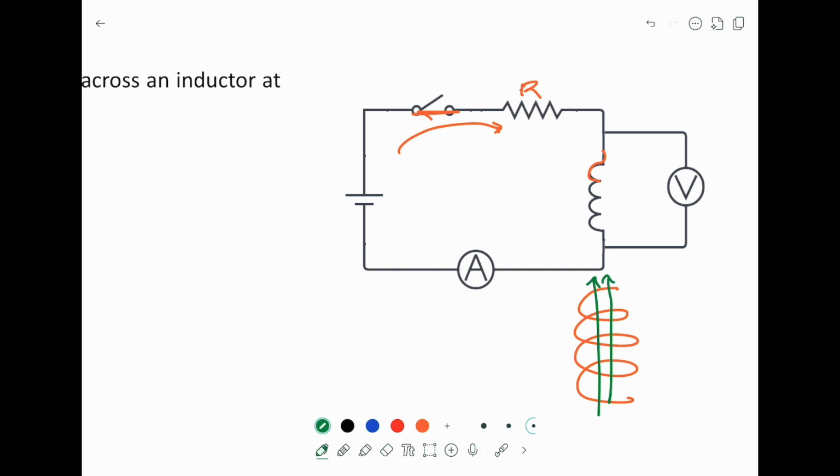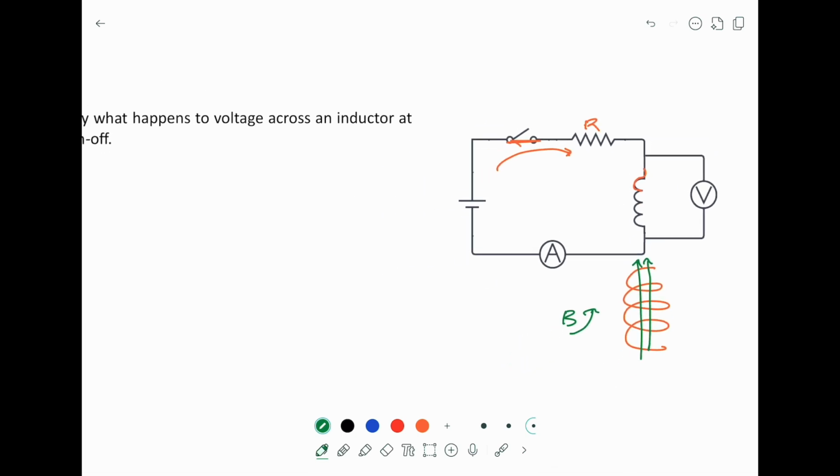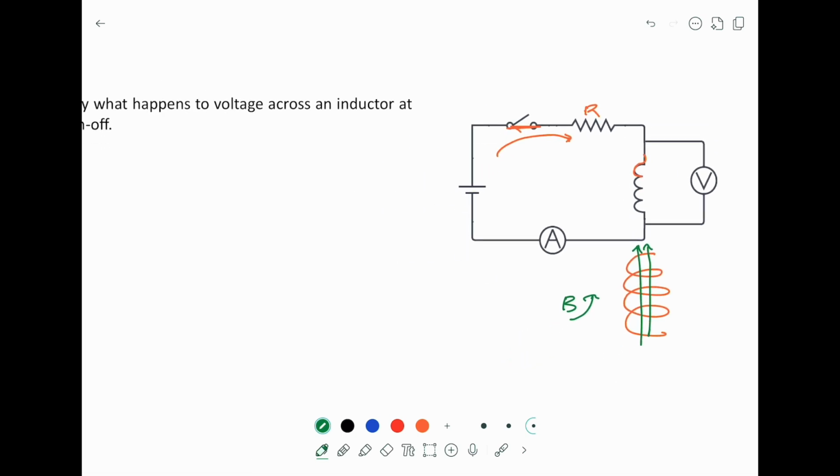But the most important thing is that this magnetic field, we call the B field, increases. Faraday's law of induction says when the B field inside the coil increases, it will induce a voltage. This voltage, or EMF, some people call it back EMF.